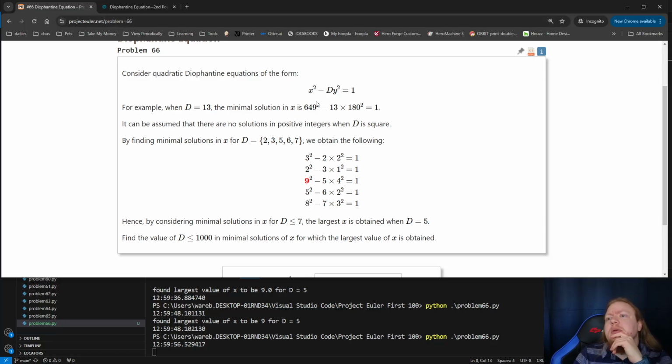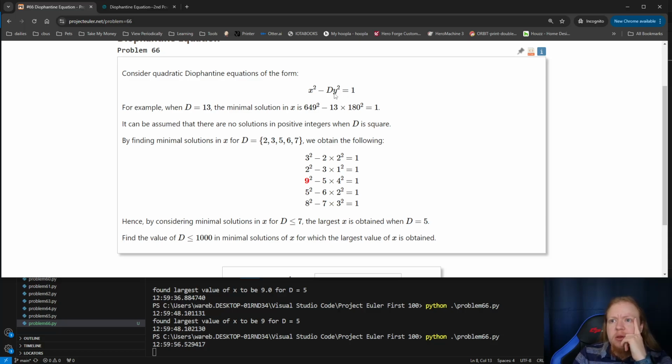Okay. So we know D, and we need a better way of finding x squared and y squared. So, thinking about this algebraically, we can isolate the x or the y pretty simply. I've done both.